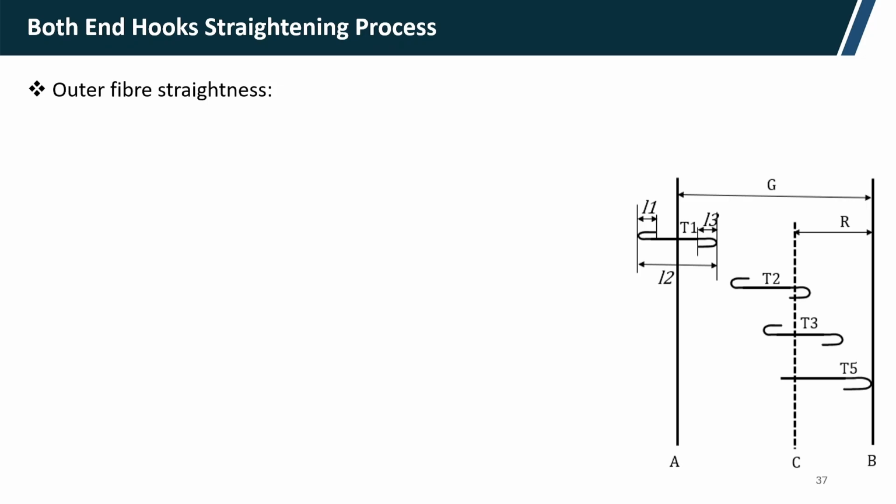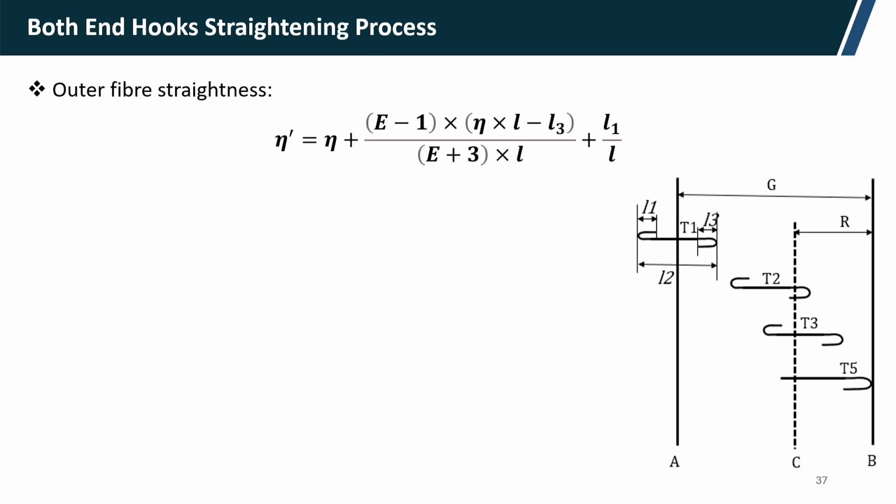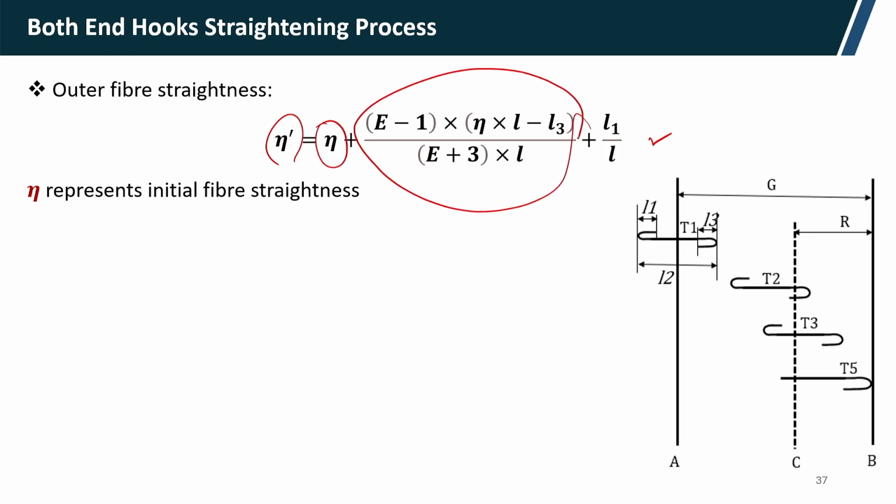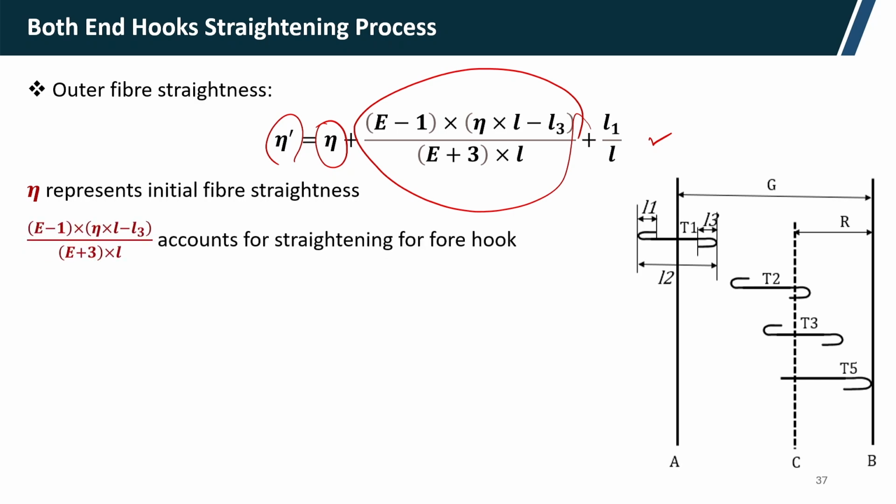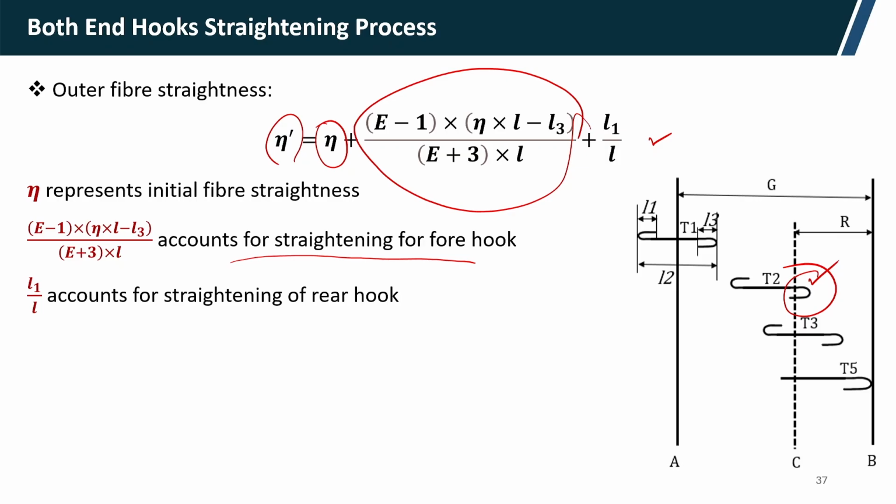Now, the output fiber straightness is given by this relationship, where eta represents the initial fiber straightness. The second part accounts for the straightening of the fore hook, that is, the leading hook, and L1 by L accounts for the straightening of the rear hook.